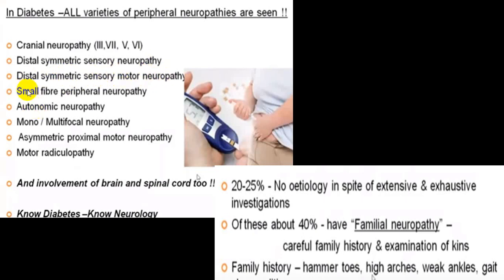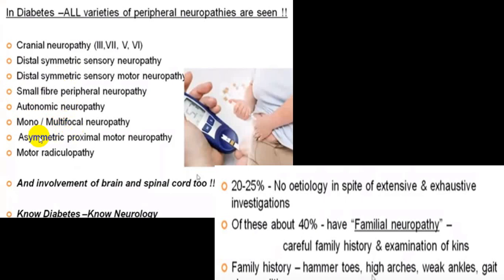You can have a small fiber getting involved, meaning the autonomic nervous system being involved, along with sensory involvement, mainly touch and temperature. You can have an autonomic neuropathy. You can have a mononeuropathy variety or a multifocal variety, we call mononeuritis multiplex.